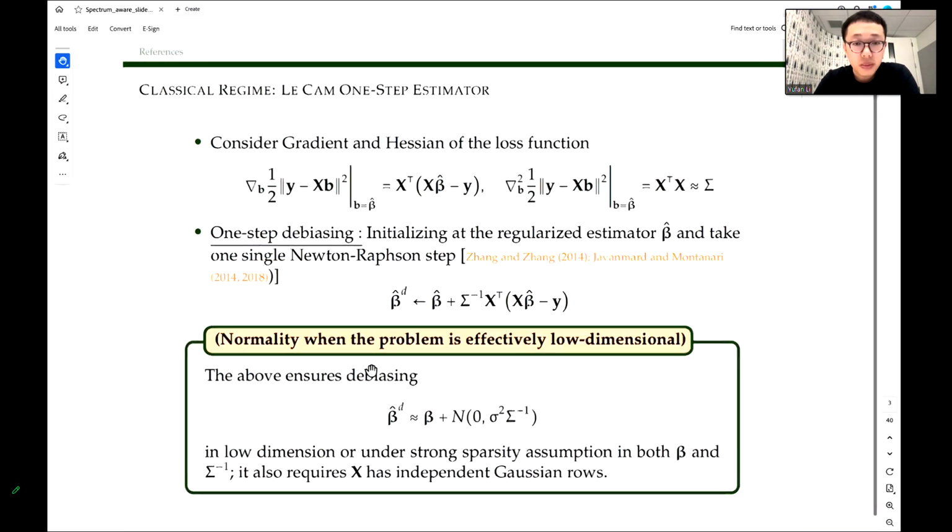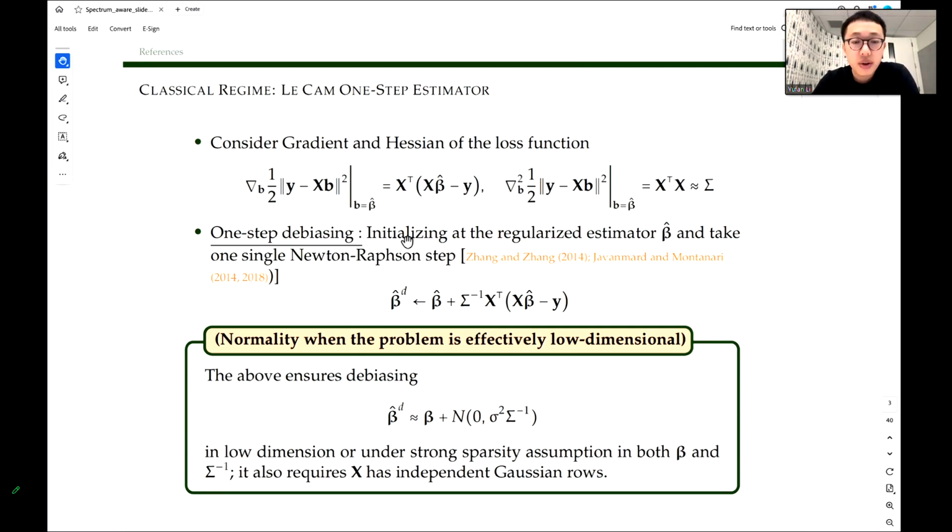So people have been studying what's called the one-step estimator, and the idea is to basically make a correction to the regularized estimator so that the shrinkage bias is removed.